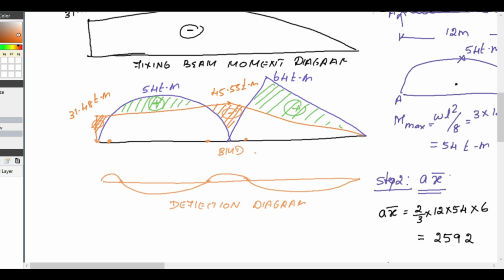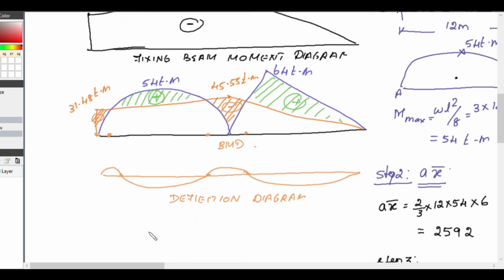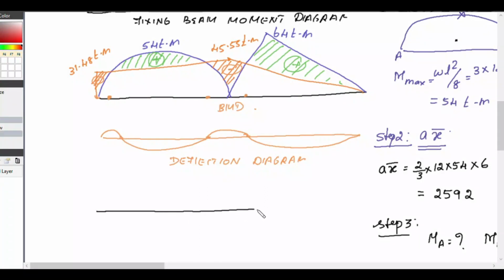For drawing the shear force diagram, once again we will draw our question and we will mark all the moments. That is, A is fixed, B is roller support, C is roller support. At AB we have a UDL of 3 tons per meter.